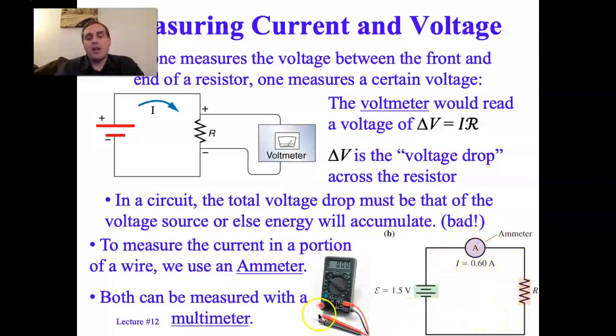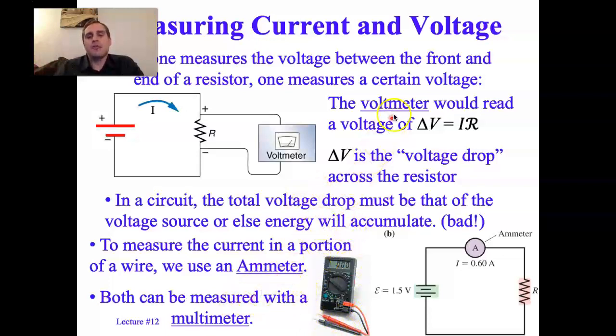Now, by the way, these multimeters, which are present in the college laboratory experiments, you can pick these up at hardware stores, you can buy these online. The cost has come down a bit, but they're still over $100 US dollars if you're trying to buy a good one that can do several functions.